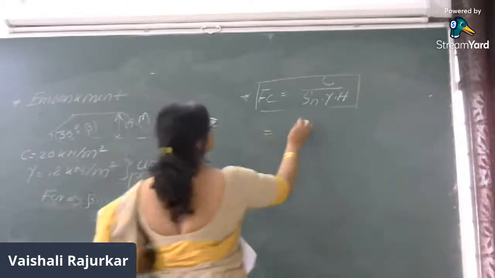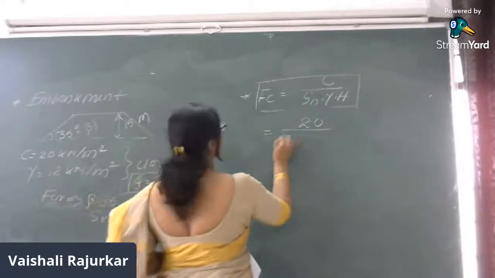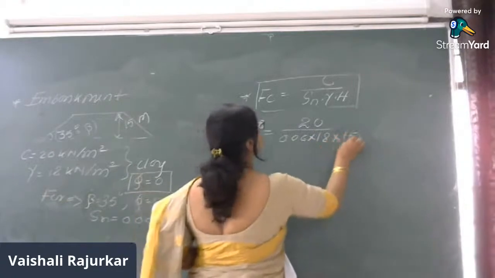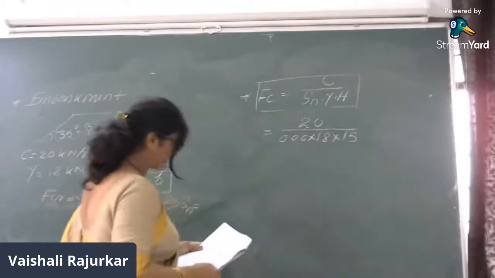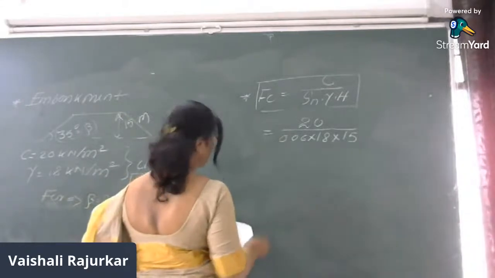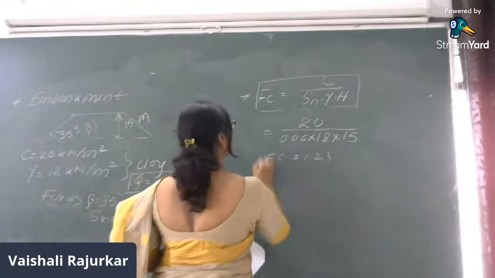Here this is 20 divided by 0.06 multiplied by 18 multiplied by 15. So the factor of safety value is found to be 1.23. Fc is taken as 1.2.